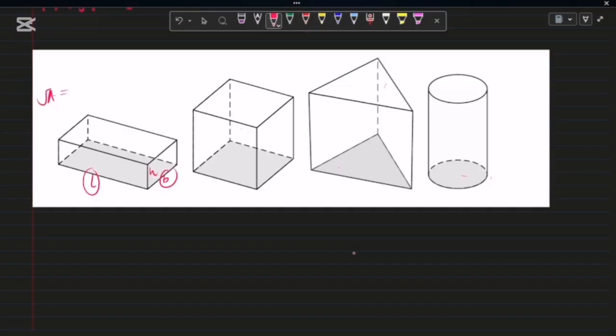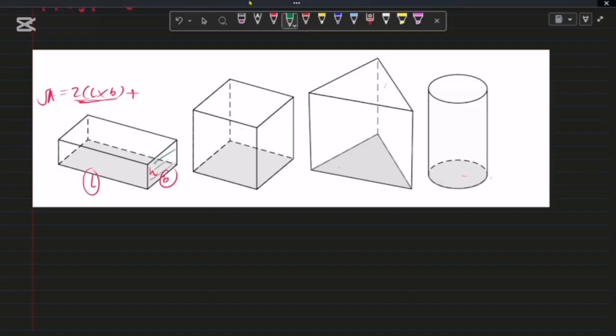So we will say 2 times the length times the breadth, because this essentially tells us that we are considering the area of the base and the area of the roof. Okay. And then after that, we'll say plus, and then the area of this face, this one.